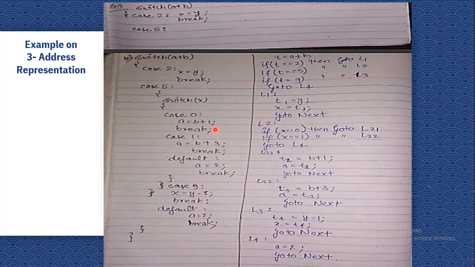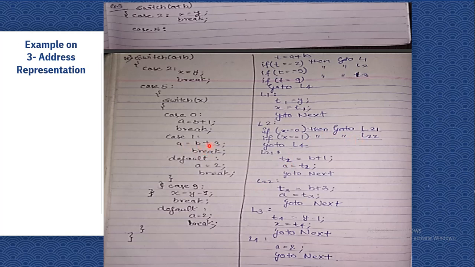What happens in the case of L21? In L21 we are storing the value of b plus 1 into some temporary variable, then transferring this value to a, and then go to the next phase. Then what happened in the label L22?